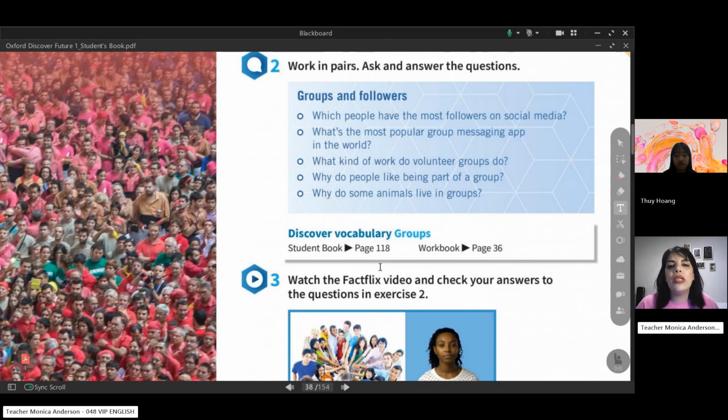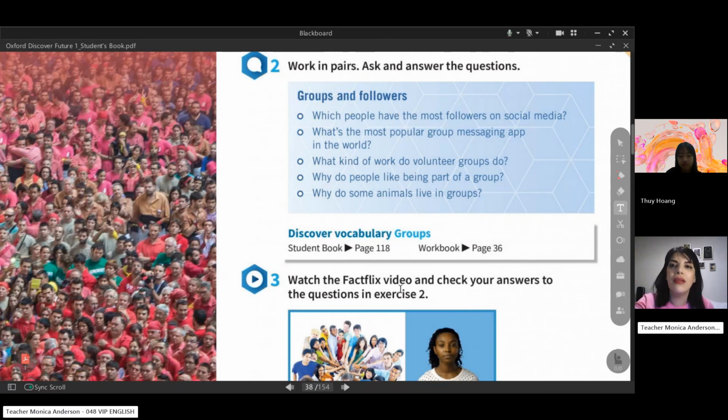For example, they clean everywhere and take the garbage, the trash from the forest. And some people help other people do something. So this is a volunteer group, okay? So when you do volunteer work, it means you do something because you want to do it.